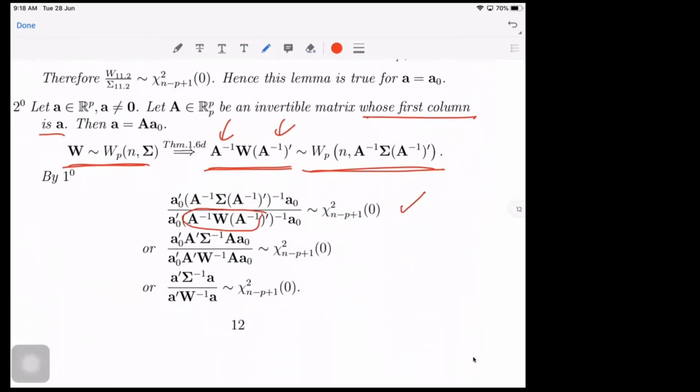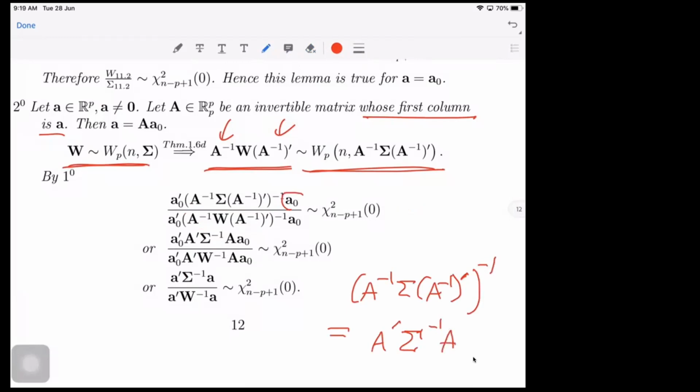And then if you try to simplify this, why is this equal to this second? So you have A inverse sigma, A inverse prime. Get the inverse. It's just equal to A prime inverse A. Maura man eh.